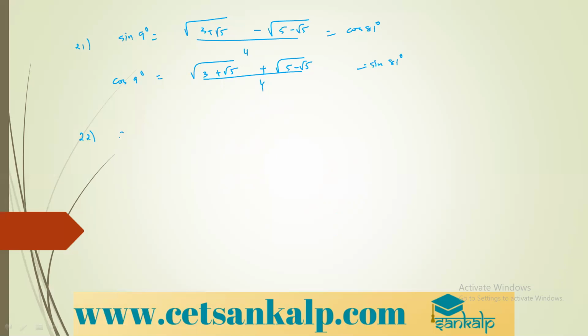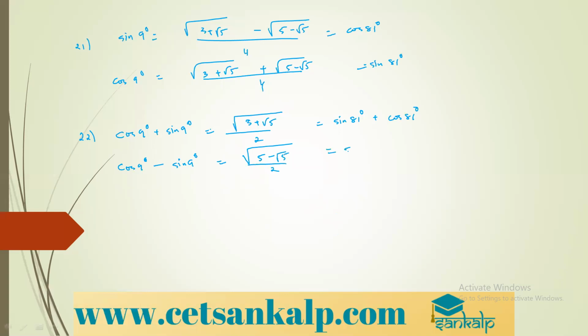Then cos 9 degrees plus sine 9 degrees is root of 3 plus root 5 by 2, which is equal to sine 81 degrees plus cos 81 degrees. Similarly, cos 9 degrees minus sine 9 degrees is root of 5 minus root 5 by 2, which is equal to sine 81 degrees minus cos 81 degrees.